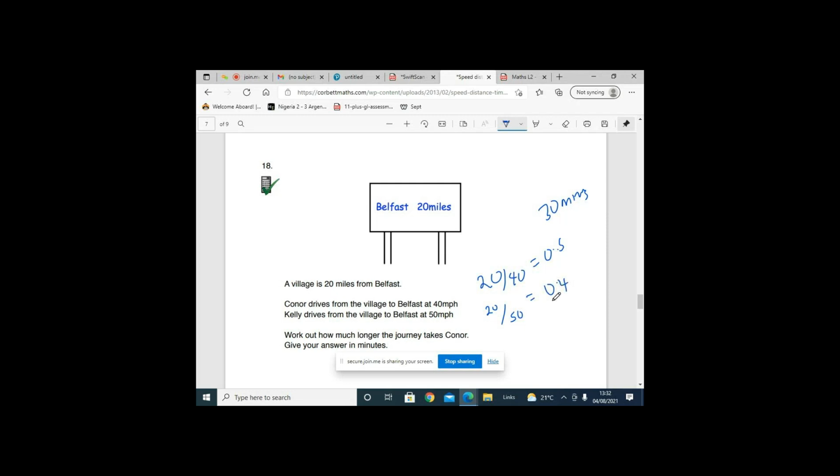To convert to minutes, multiply 0.4 by 60. You should get 24 minutes. Connor took 30 minutes and Kelly took 24 minutes. That means it takes Connor 6 minutes longer to drive it.